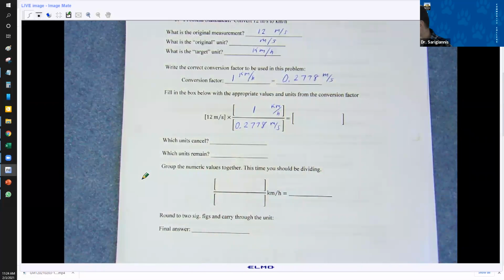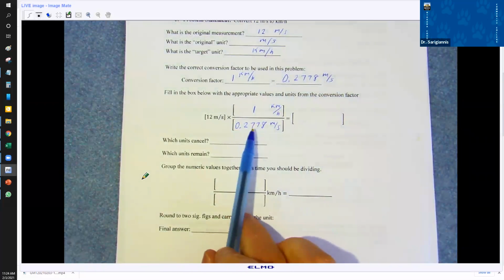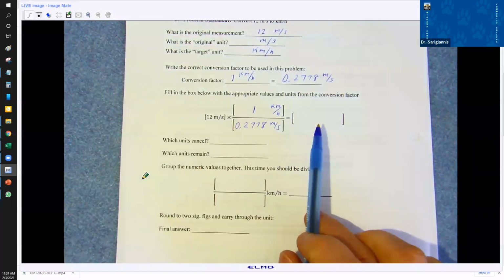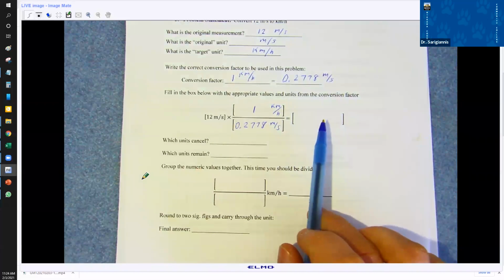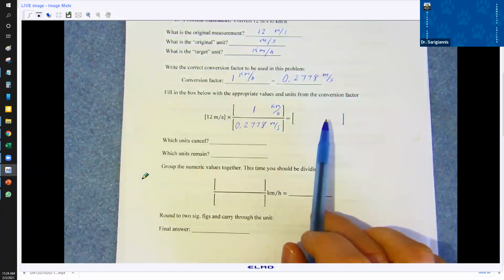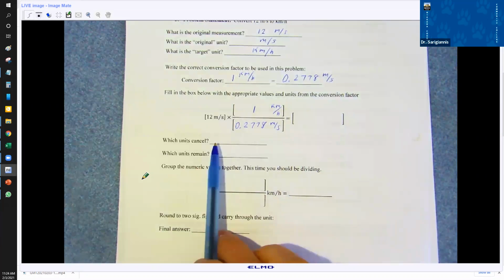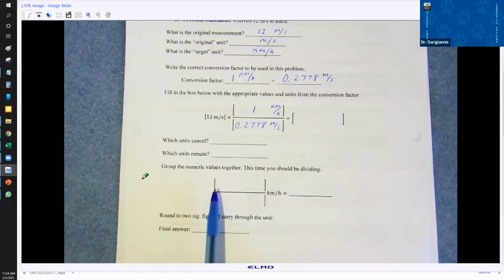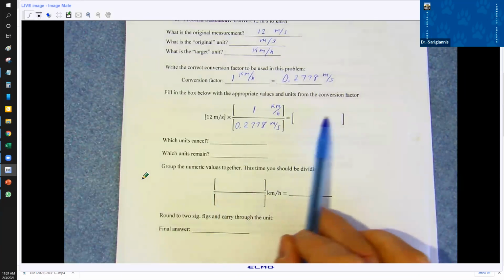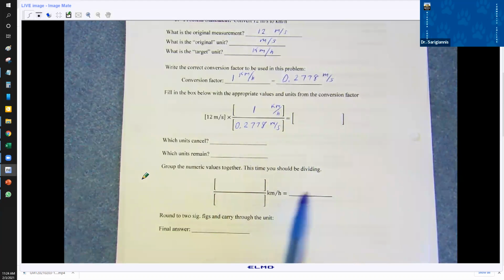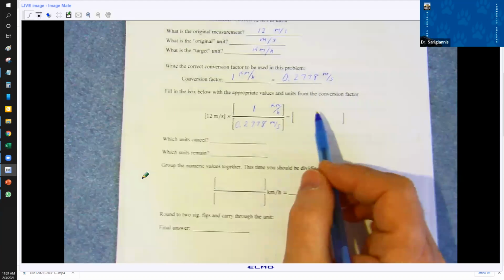So notice here, we're dividing by a decimal. So we should have a larger number that shows up. Before I put the answer in, I'm not going to put it in up here. I'll put it in down here because it's just too much stepwise.